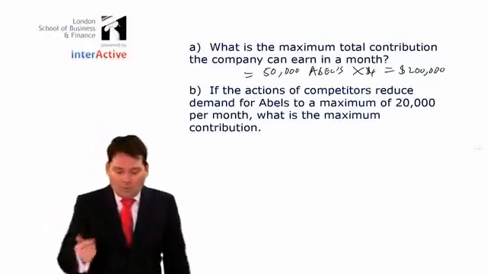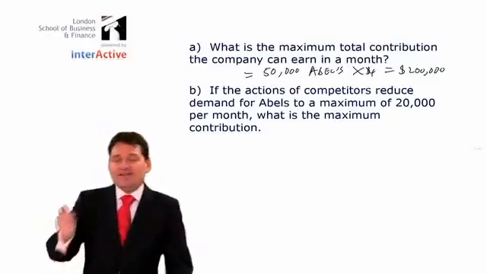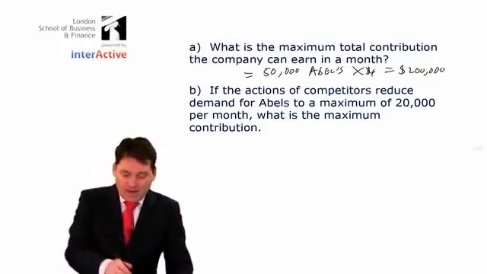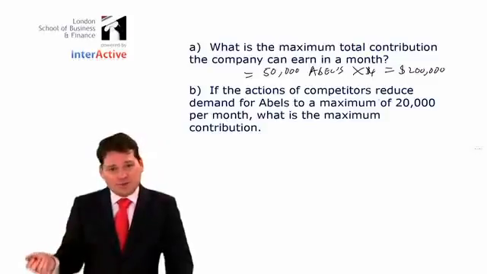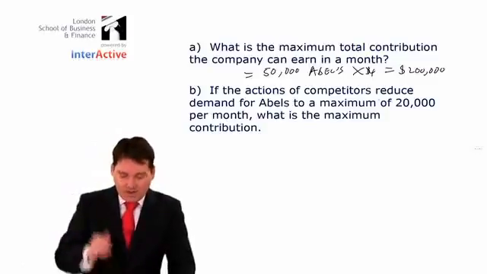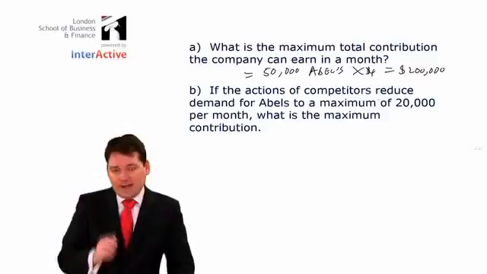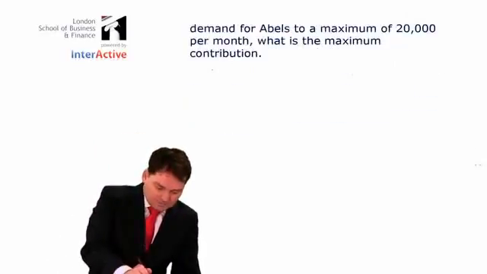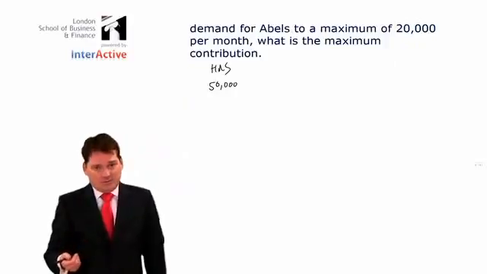Now, so far, hopefully not particularly difficult, but now we start getting a bit of external analysis coming back in. For whatever reason, there is a limit to the amount of Ables we are able to sell. Actions of competitors, substitutes, pricing, whatever it is, we can only now make and sell 20,000 Ables. So, we have got 50,000 hours available to begin with.